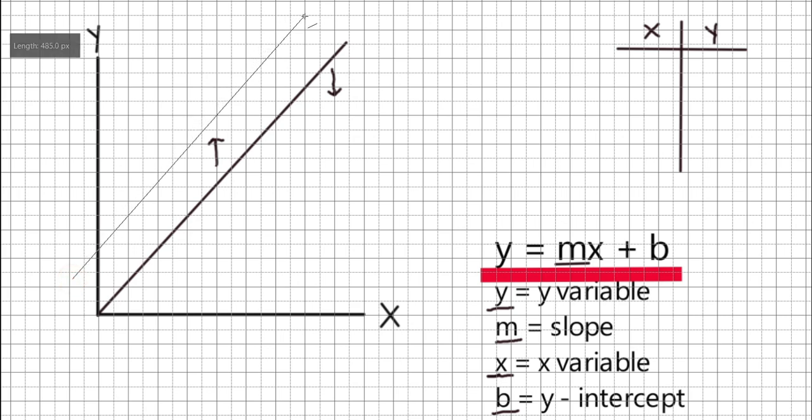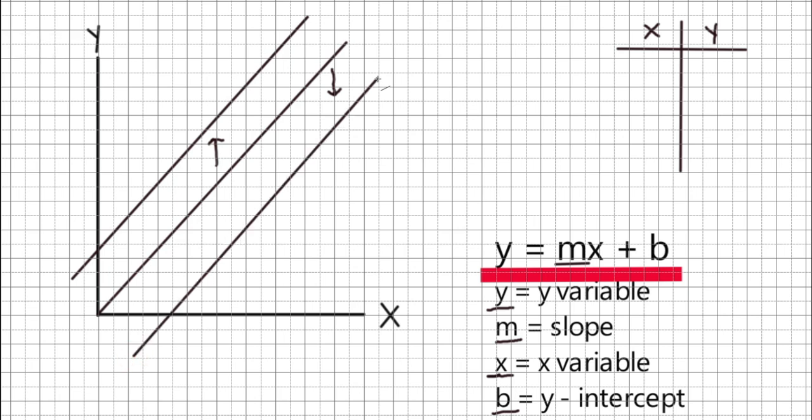The only thing different is it moves it up or down. So your slope, your m, rotates, and your b shifts.